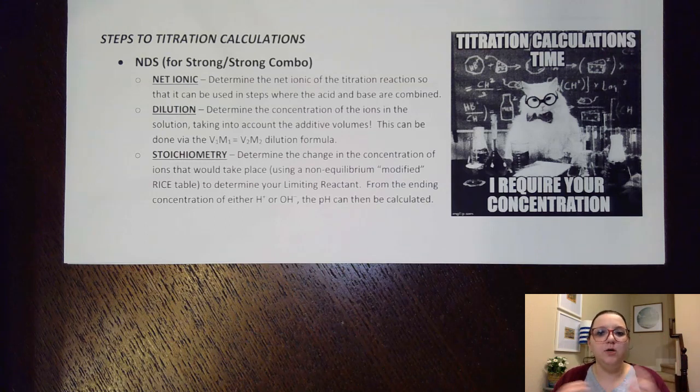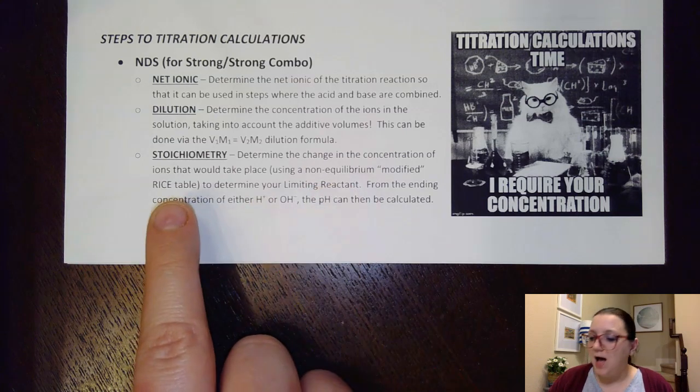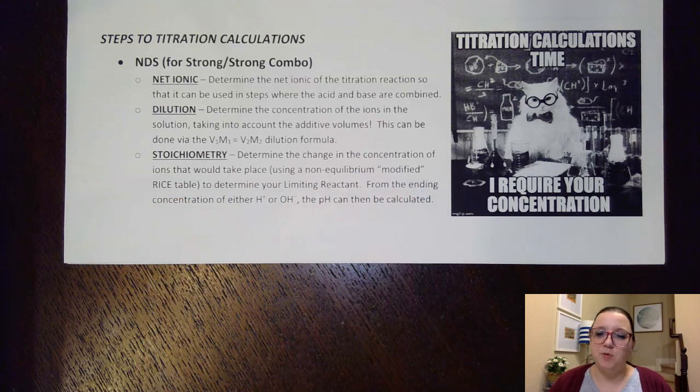However, rather than doing our traditional stoichiometry dimensional analysis setup here, we're going to do this stoichiometry using a non-equilibrium RICE table. I like to call it a modified RICE table because I know I'm not doing a traditional equilibrium where I'm going to have a little bit of everything left at the end. With a modified RICE table, you might be using all of something up. And so using that kind of setup will save us a little bit of time rather than trying to do a whole bunch of dimensional analysis.